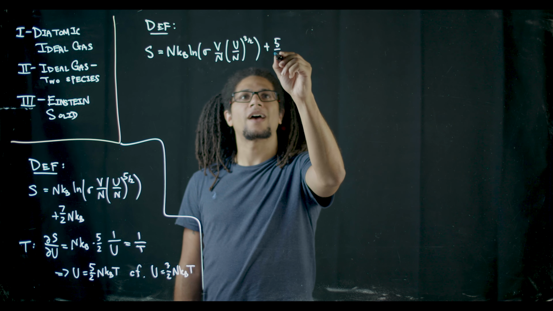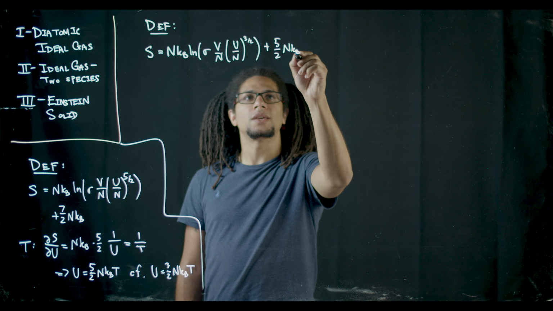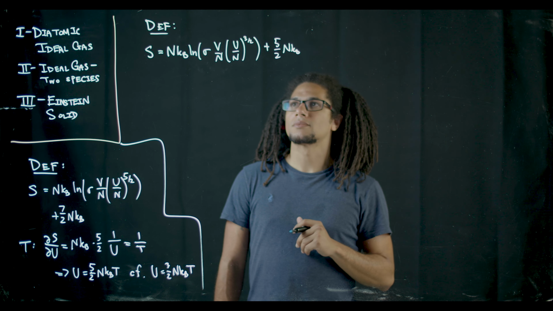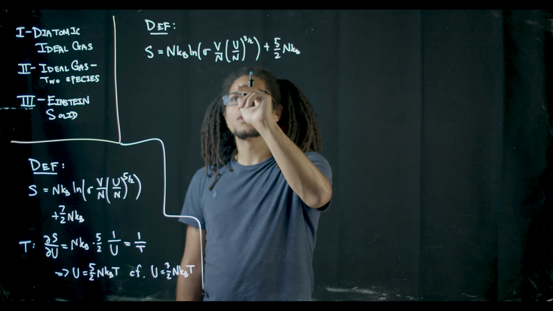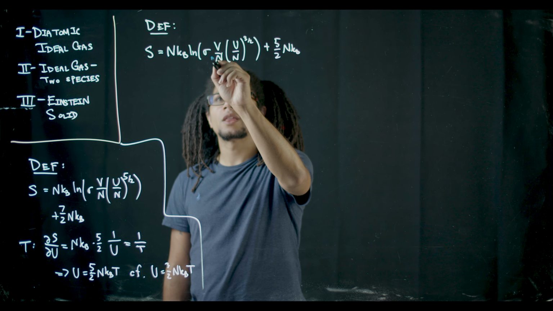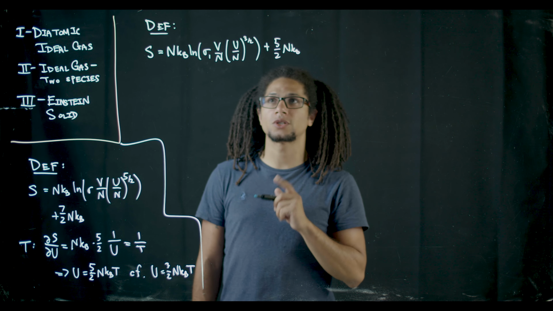Then we just get 5/2 NKB. And let's actually be clear that this is sigma for the first species.